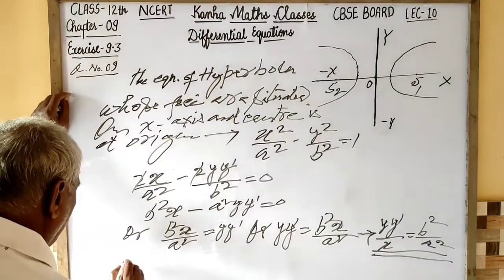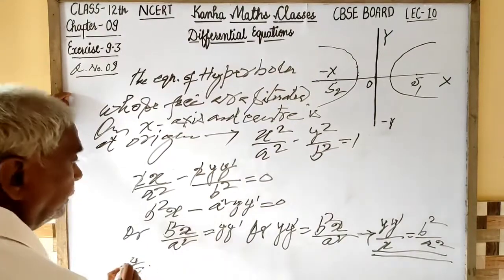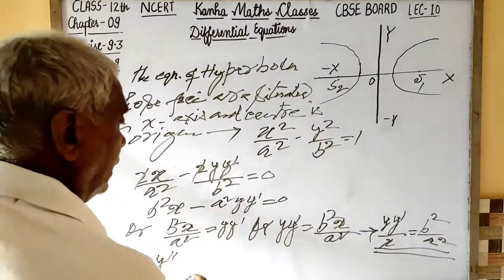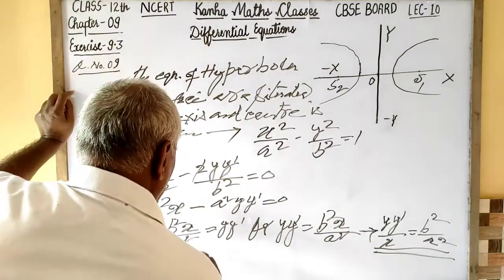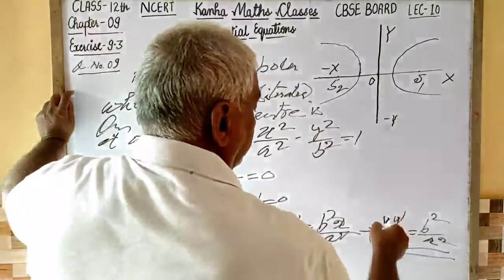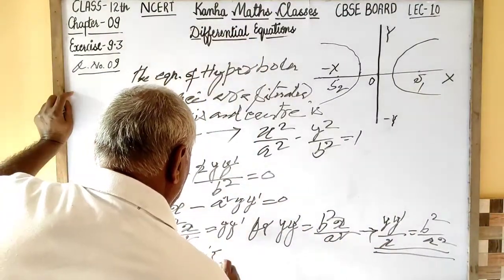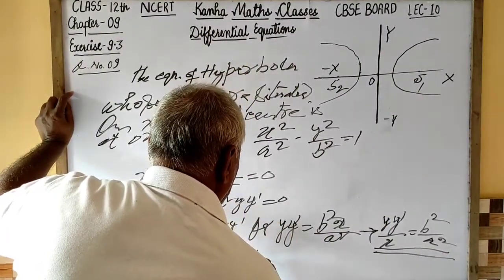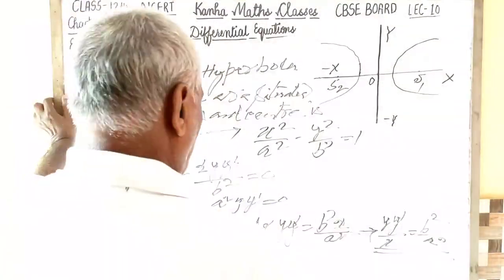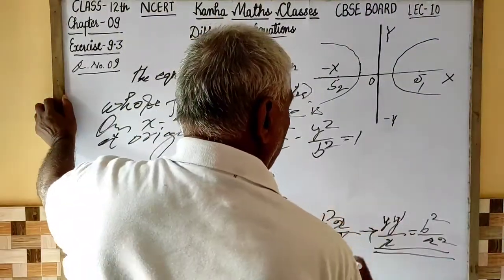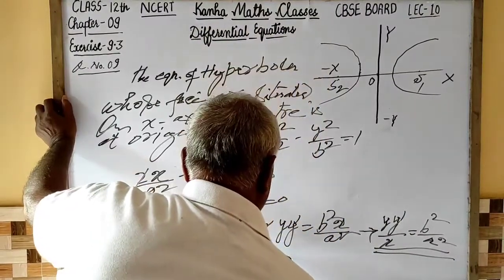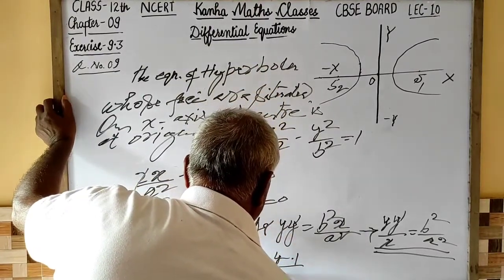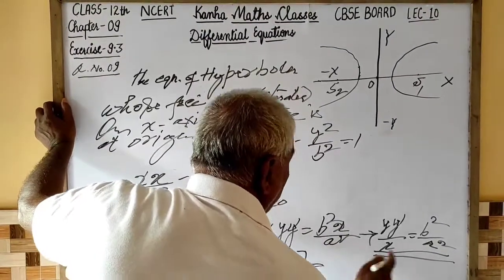So the first function y upon x into d dx of this will be equal to y double dash, and the second function y dash, here it is numerator upon denominator, then denominator into dx of numerator y dash minus numerator y into d dx of denominator, upon square of denominator, and this is equal to 0.